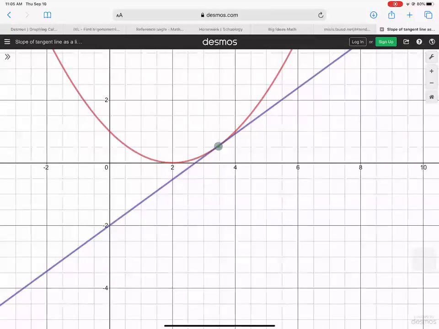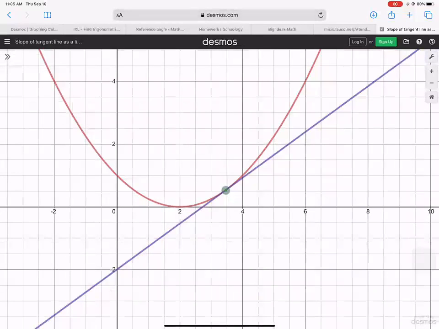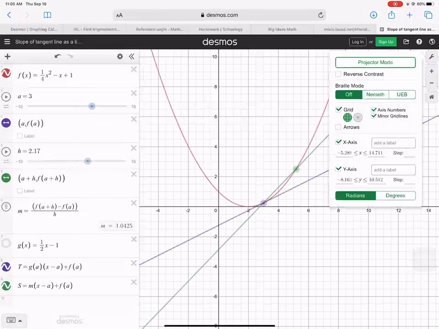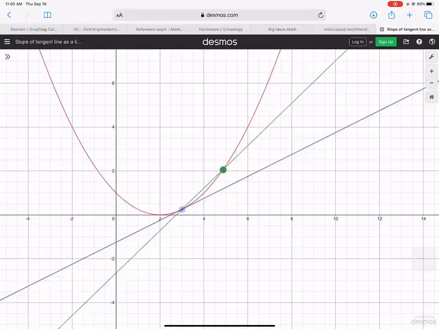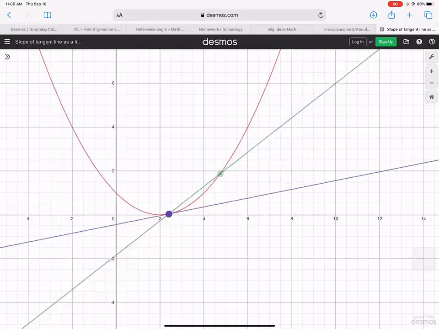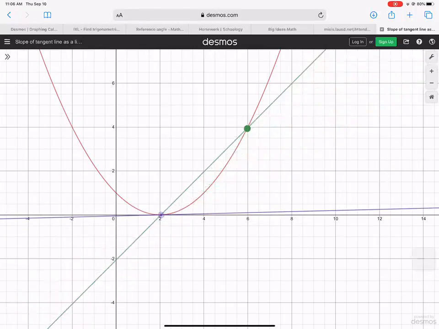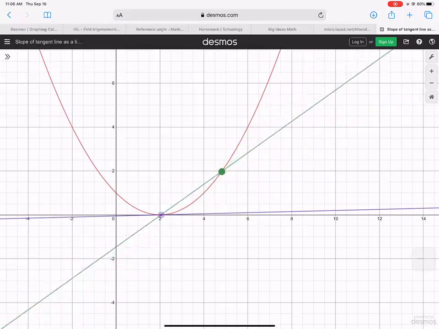Look, was the second point 2 points away? Was it 3 points away? Was it 4 points? It was 0 points away.